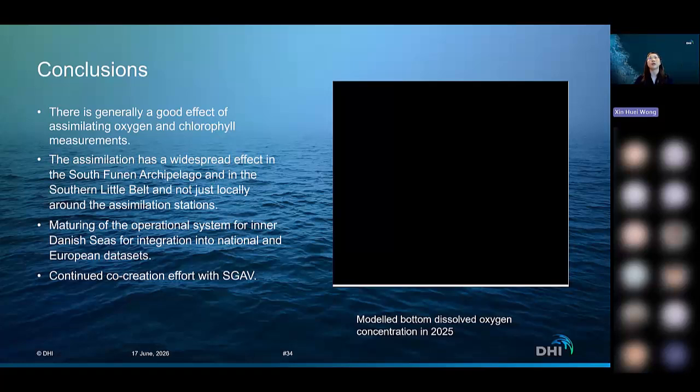One of the outcomes of this exercise is the maturing of our operational system for the inner Danish seas for integration into our national and European data sets. And we are continuing discussions with users on what kind of outputs will come from the model and what will benefit users the most at the end of the day.